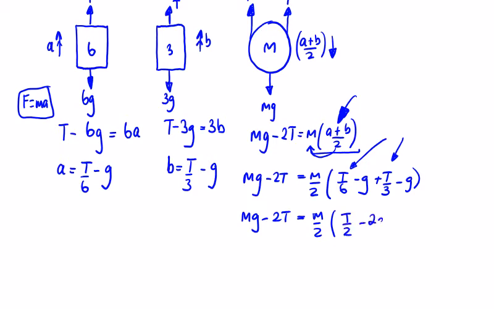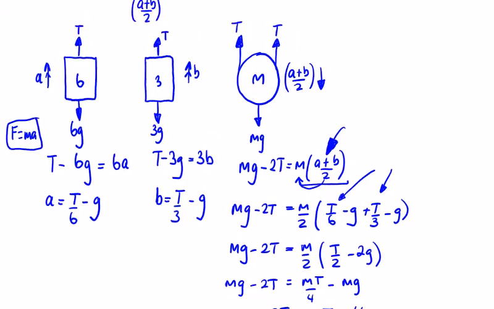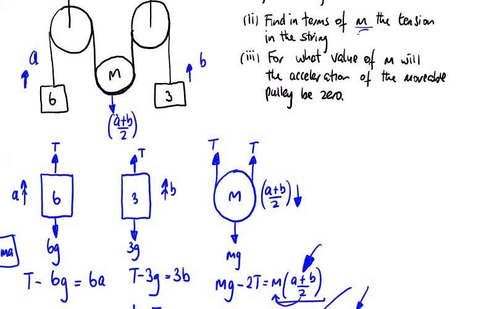And I have 2g. If we remove the bracket, we're going to get mT over 4 minus mg, the 2's will cancel, and on the left, mg minus 2T. So if I multiply by 4 to get rid of the fraction, 4mg minus 8T is equal to mT minus 4mg. And we're looking for, in terms of m, the tension.